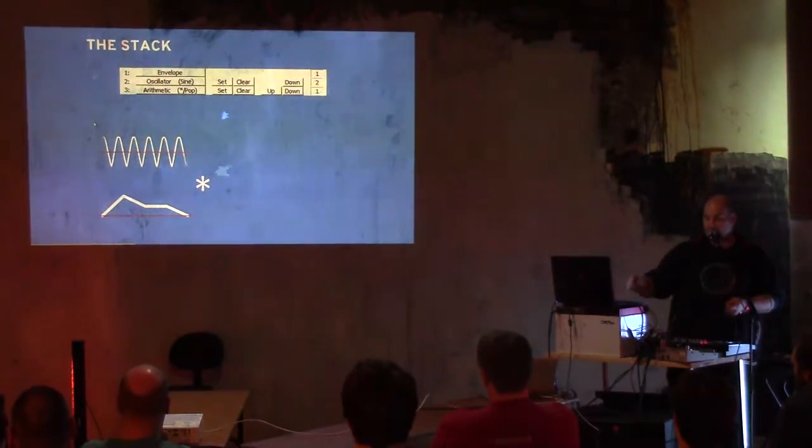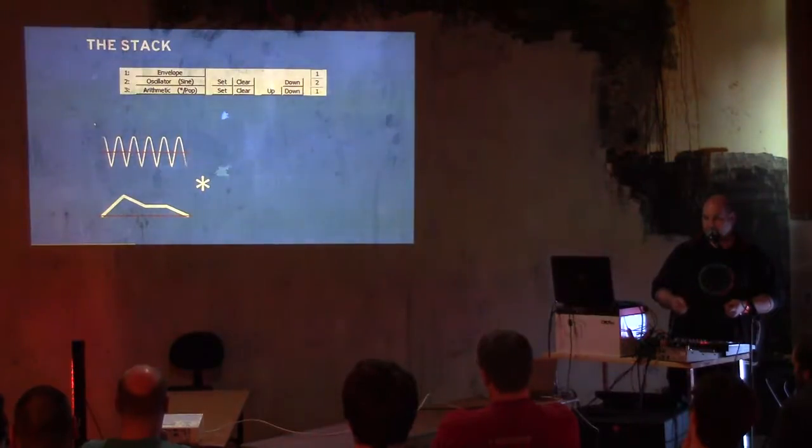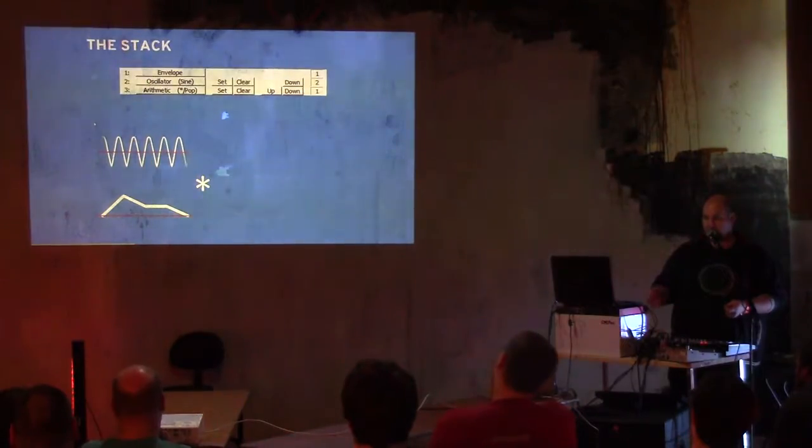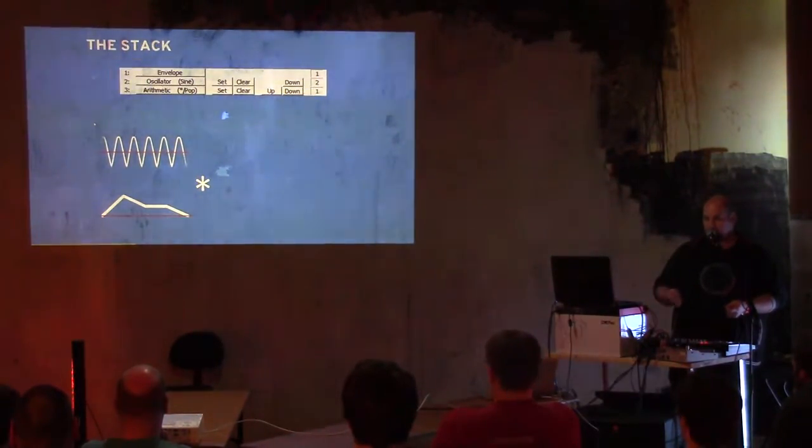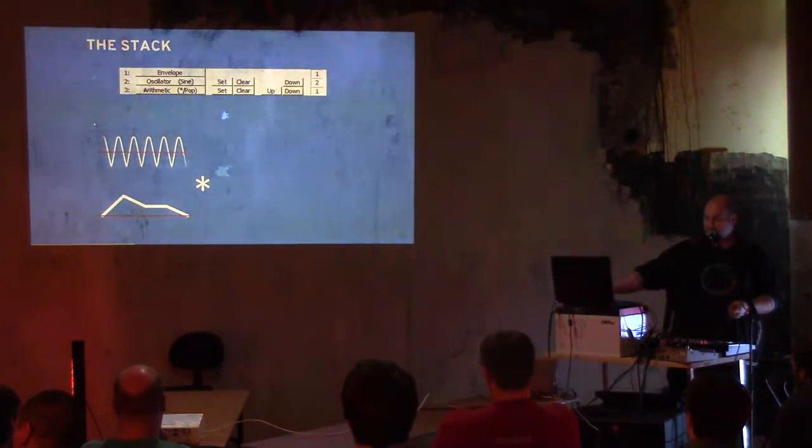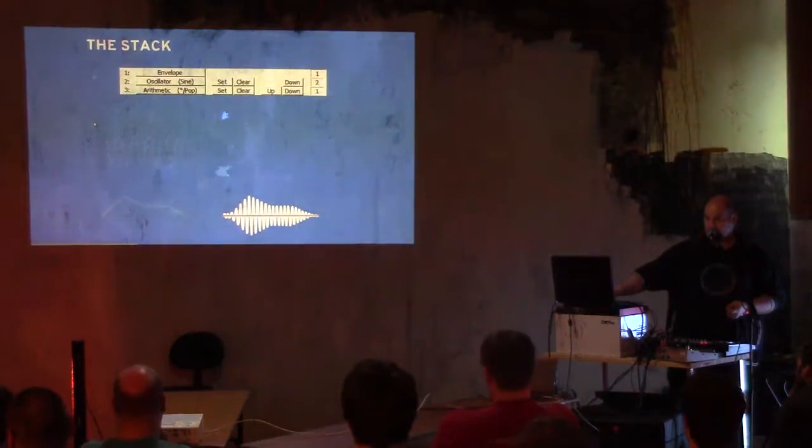You can see the orange line is the 0 line, so the envelope starts at 0, goes to 1, goes back to the sustain level, and then goes back to 0 when you release. And the sine wave oscillates between +1 and -1. So if you multiply those, what you get is this.